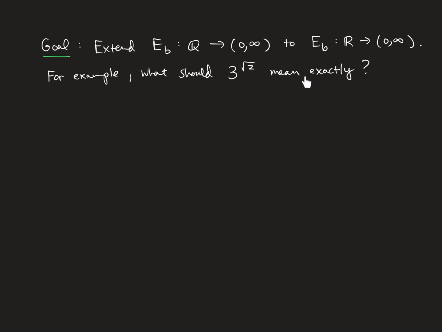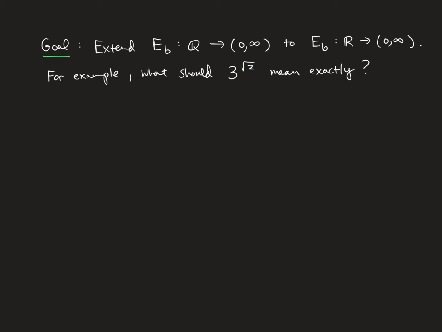It's not entirely clear how this is defined. We can't define it in finite terms using natural numbers and integers, like we defined the rational power of a base, because the square root of 2 is fundamentally not definable in finite terms like that.